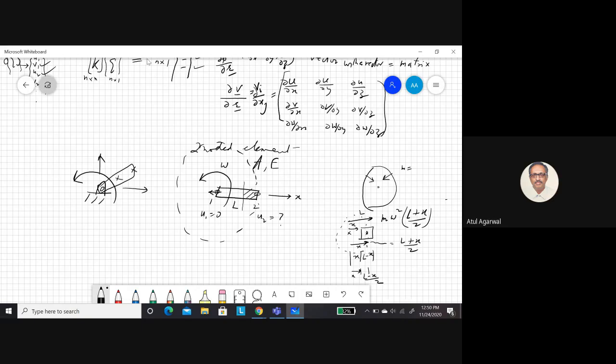This length is L minus x, so the mass is (L minus x) upon L into the total mass M. The force required to keep it moving in a circle is M into (L minus x) by L into (L plus x) by 2, times omega squared. This force will be exerted by internal forces here, so this is nothing but sigma into area.